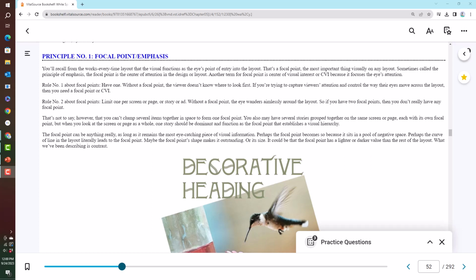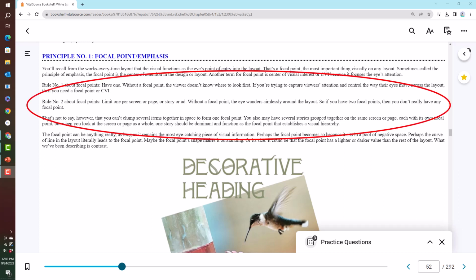Rule number 2 about focal points: limit one per screen or page or story or ad. Without a focal point, the eye wanders aimlessly around the layout. If you have 2 focal points, then you don't have any focal point.